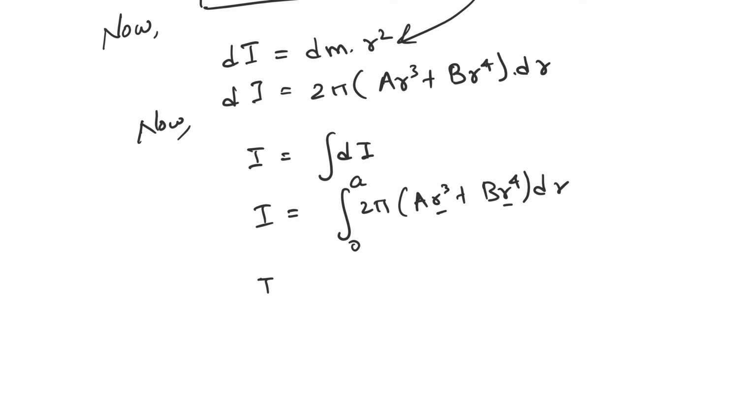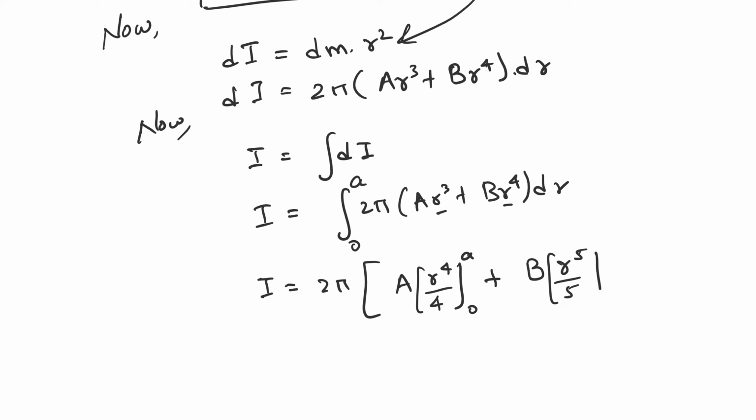If we integrate this, we get 2 pi times: integration of r cube gives r to the power 4 by 4, with limits from 0 to a, plus b times the integration of r to the power 4, which gives r to the power 5 by 5, with limits from 0 to a.